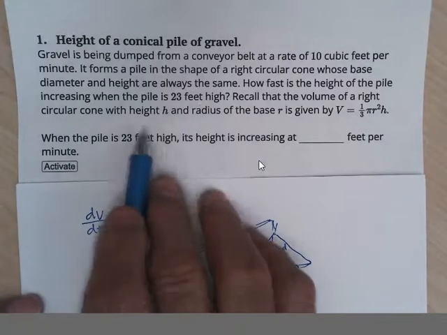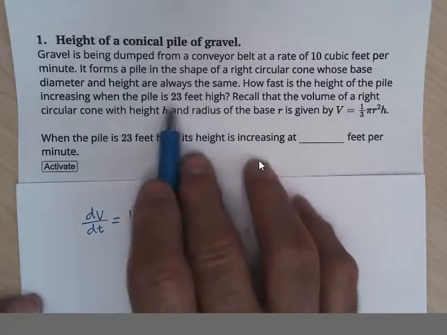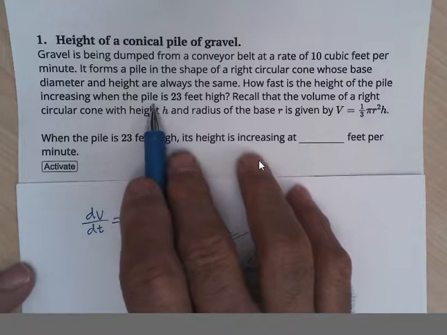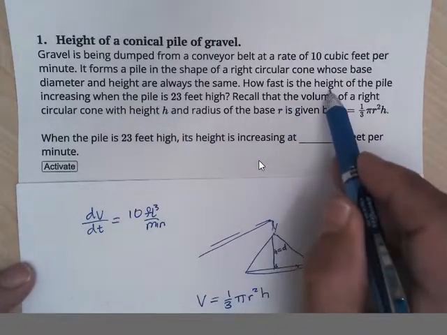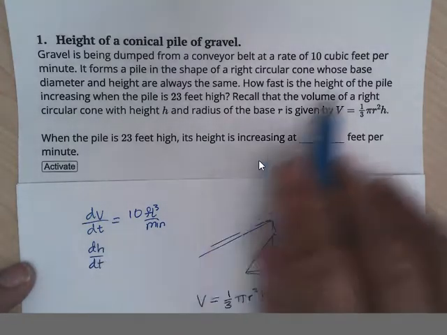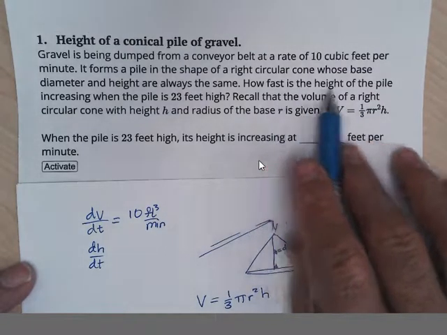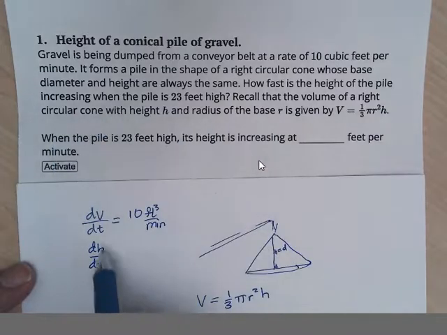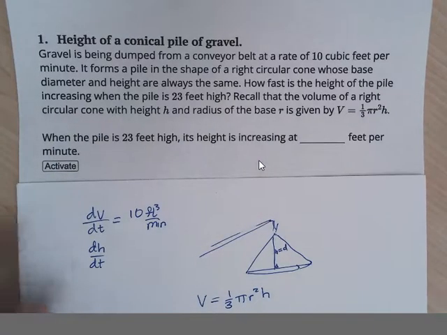And what else do we know? We want to do it when it's 23 feet high, but how fast is the height changing? That's dh/dt. The pile is increasing, so we want to find dh/dt.